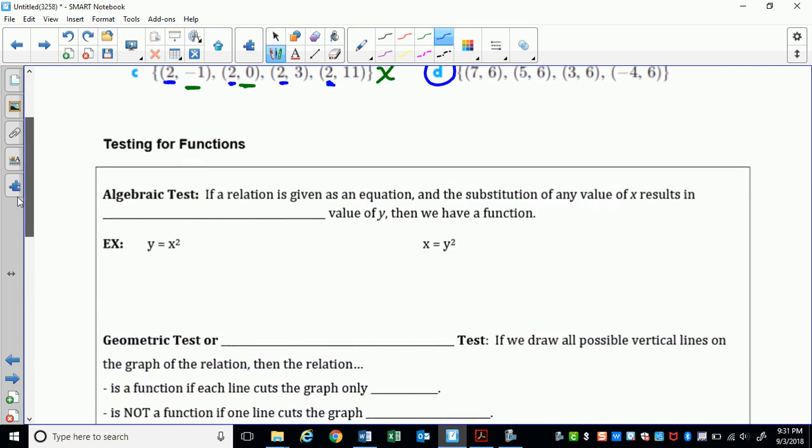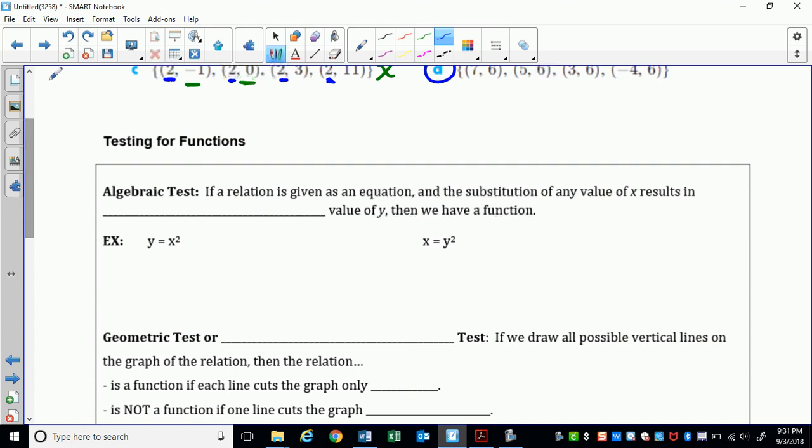So I know that you guys have heard of this before. This is how we're going to test to see if it's a function: the algebraic test. If a relation is given as an equation, then the substitution of any x value results in one and only one y value, right?